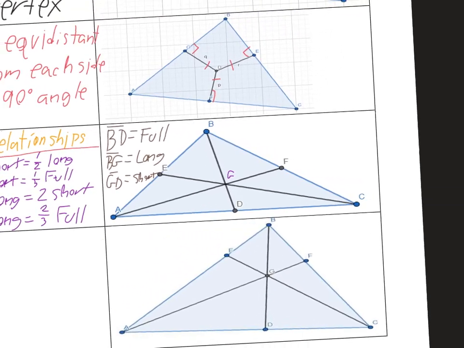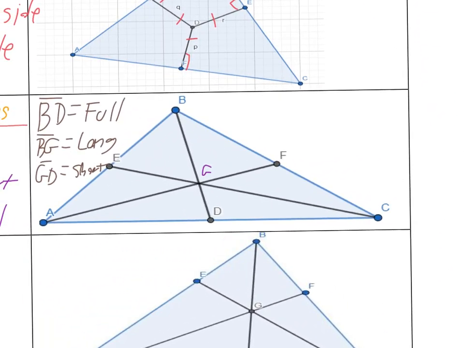Creating the relationships such that if we have segment GD, that's going to be equal to 1/2 of whatever segment BG is, while also being equal to 1/3 of whatever BD is.